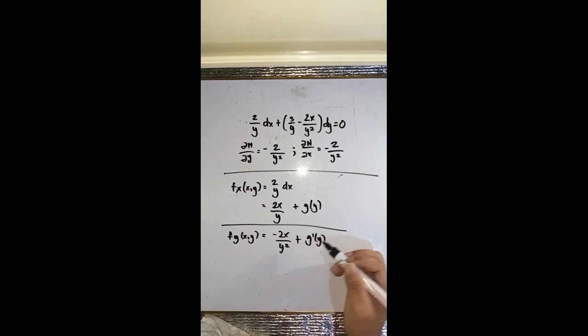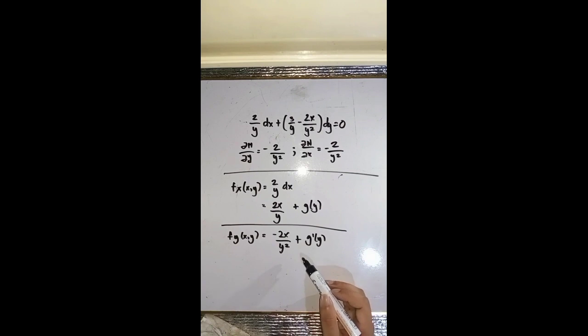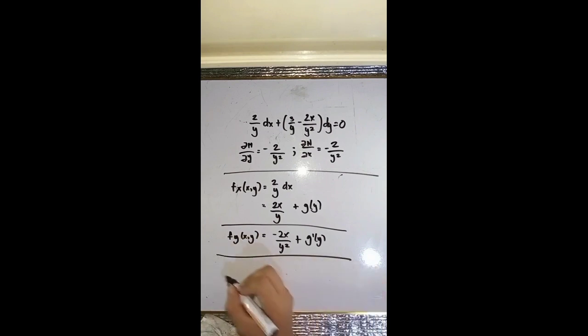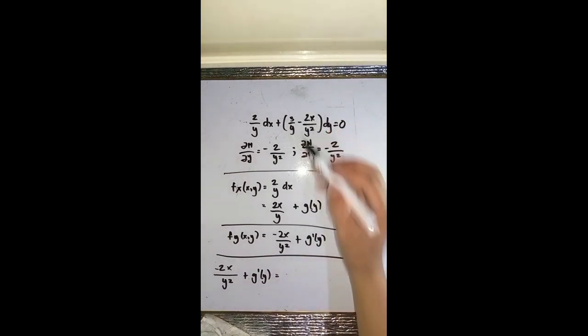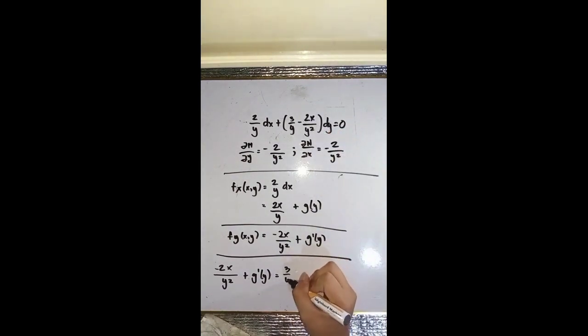Now using this equation, we can cancel out like terms coming from the N function. So negative 2x over y squared plus g prime of y equals the N function, which is 3 over y minus 2x over y squared, and negative 2x over y squared will be cancelled out since it has a similar value.